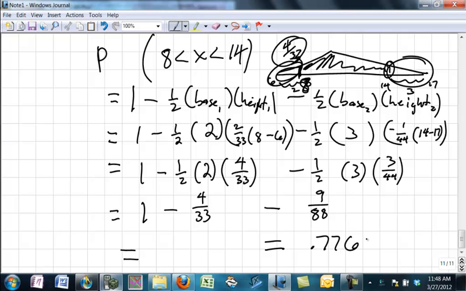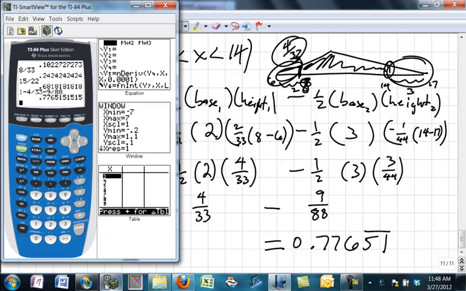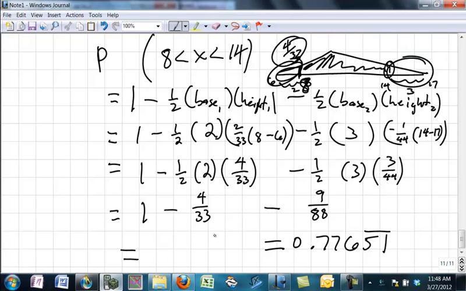Then we can do this, watch this in the calculator, go to math. The first thing says change to a fraction, so just hit enter twice and it'll change our last answer into a fraction. So the exact value is 205 over 264, which is what we'd have gotten if we'd done a common denominator by hand. So the exact value of the probability is that, and we'll round it off to 0.7765.